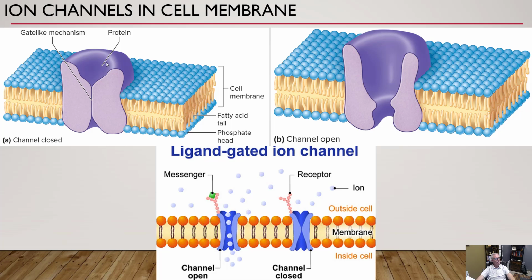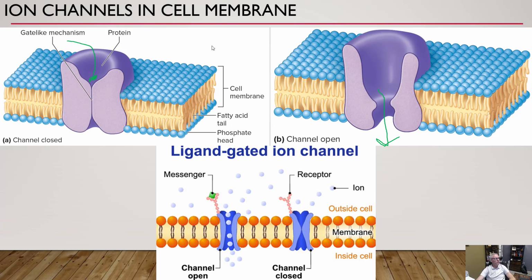Facilitated diffusion: remember that we have these helper channels that allow ions to move through the cell membrane. The ion would come in here, then the channel would open up, and then the ion would go through the cell membrane. That's facilitated diffusion. We're going from an area of higher concentration to an area of lower concentration.